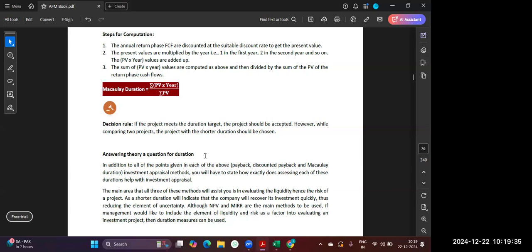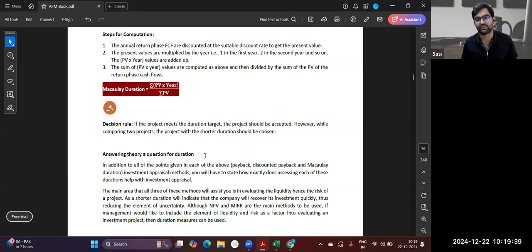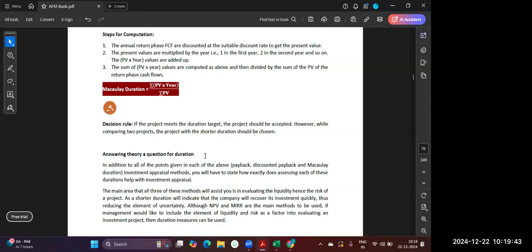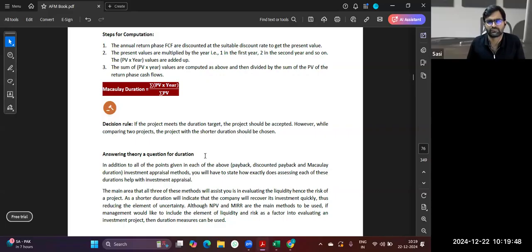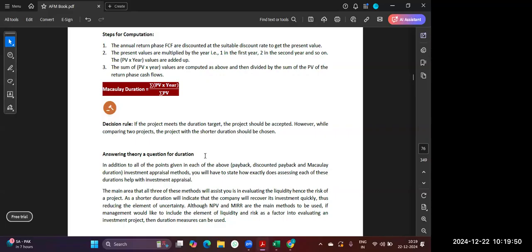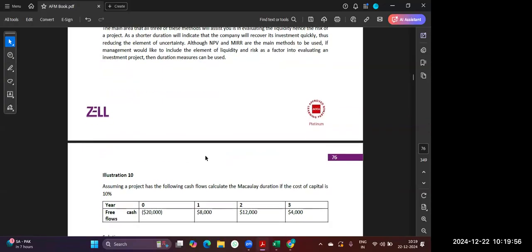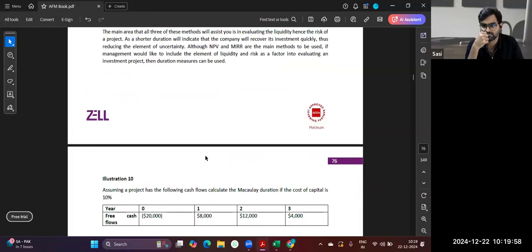Comparing two projects, same as what we have done in payback period. We will need a targeted Macaulay duration. Correct? Yes, sir.